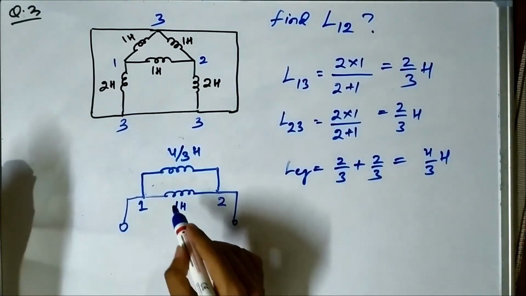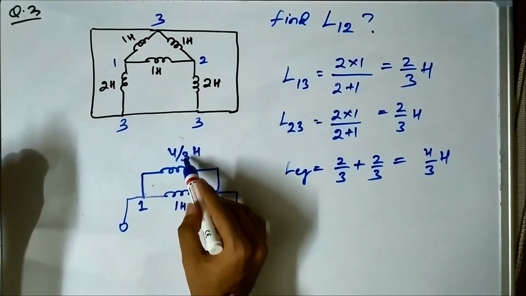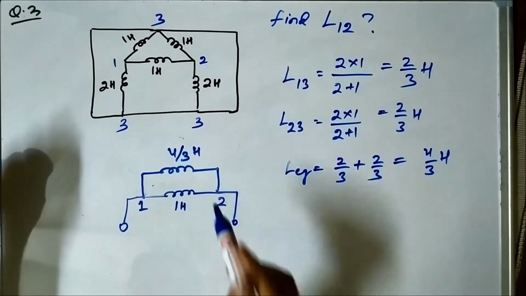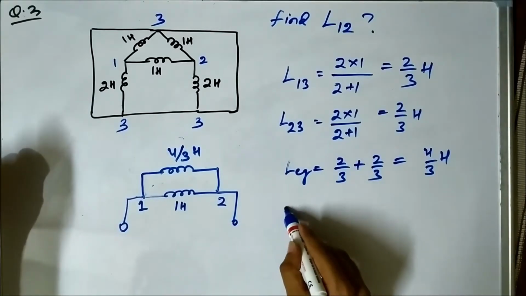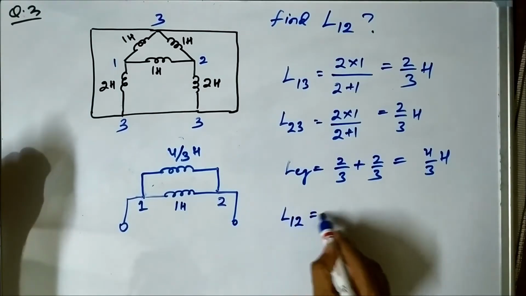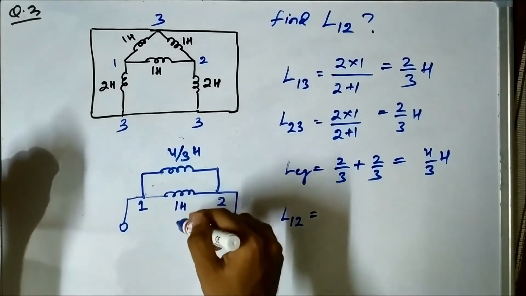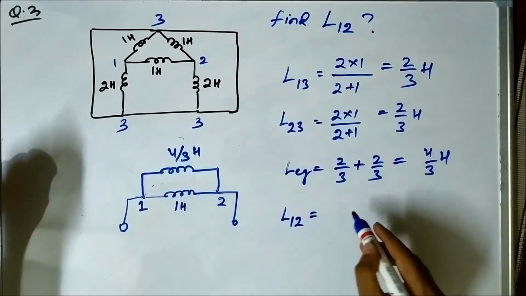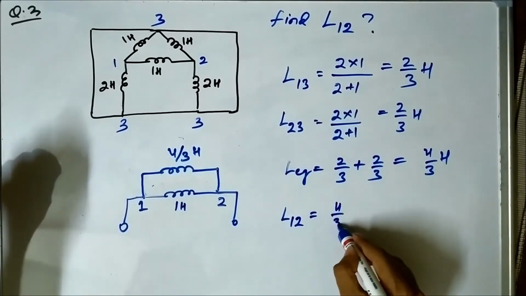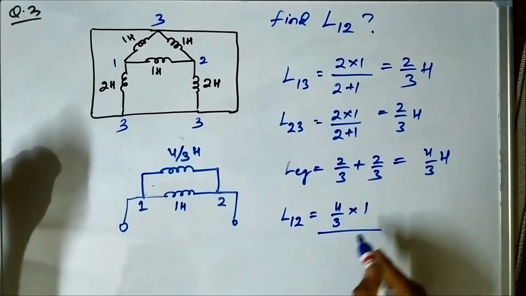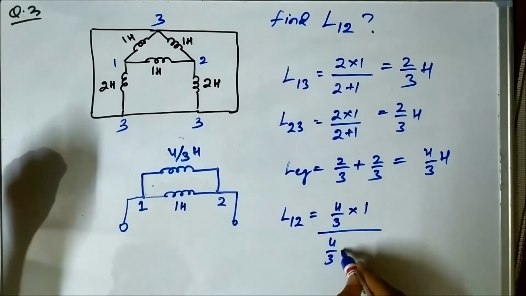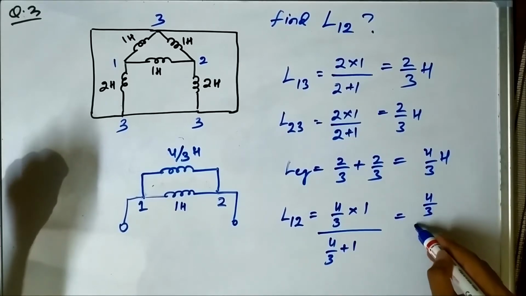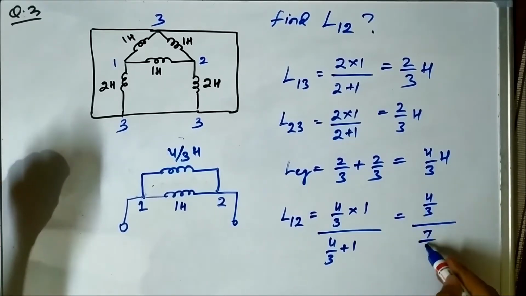Now this 1 Henry and 4 by 3 Henry are connected in parallel across points 1 and 2. So L12 will be the parallel equivalent inductance of 4 by 3 Henry and 1 Henry, which is 4 by 3 into 1 divided by 4 by 3 plus 1, equal to 4 by 3 divided by 7 by 3.